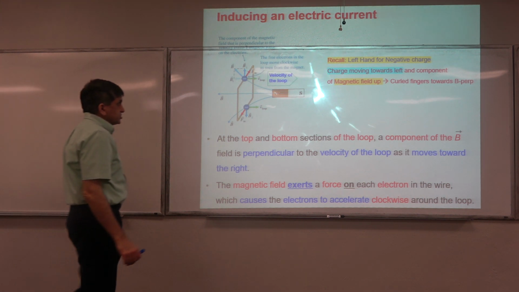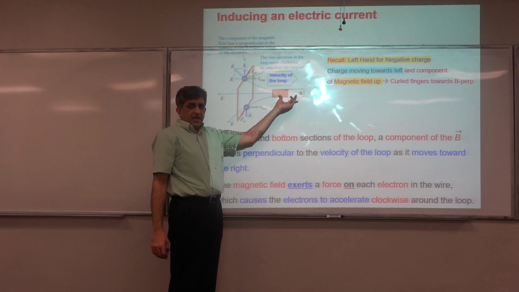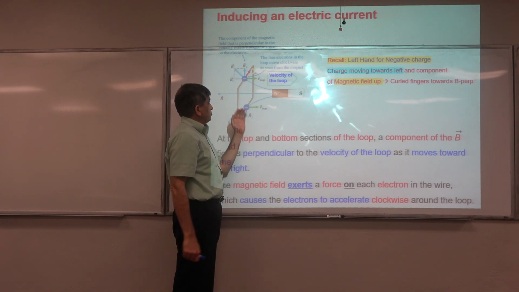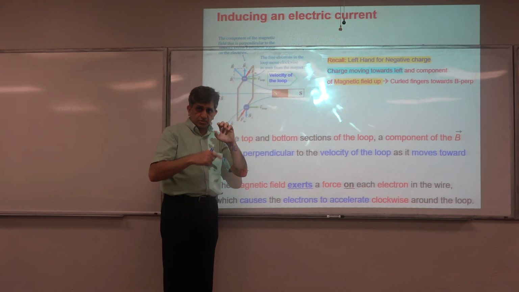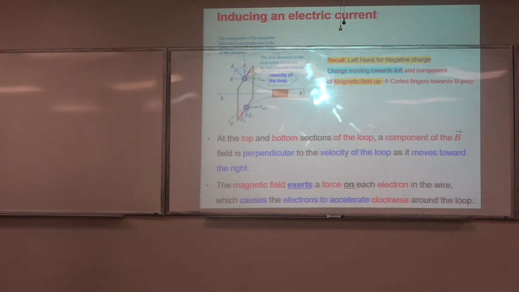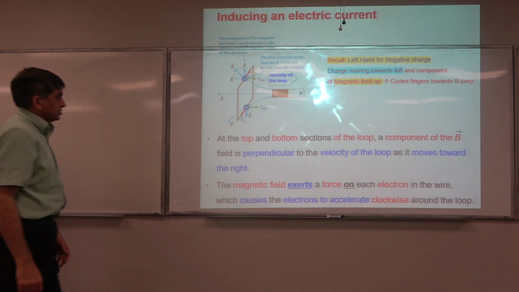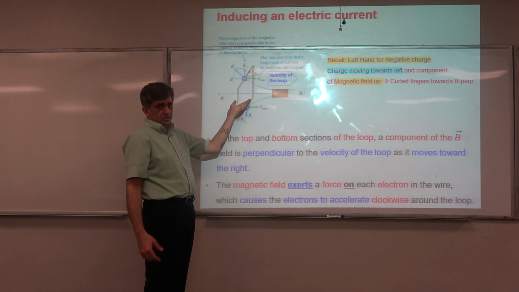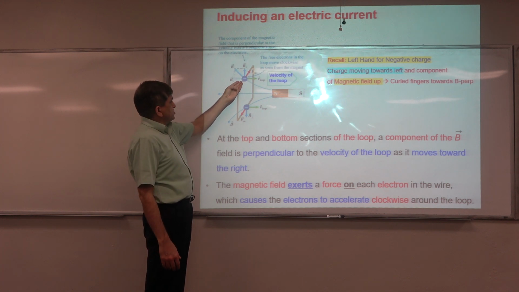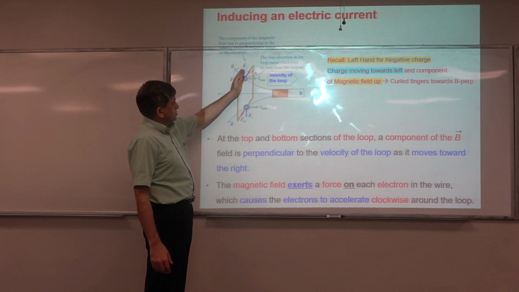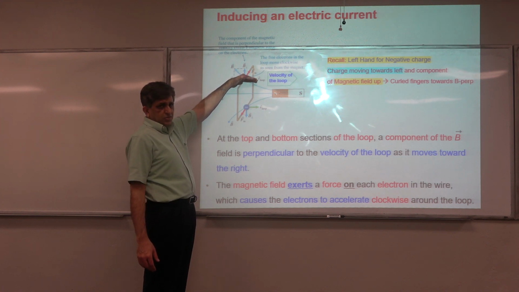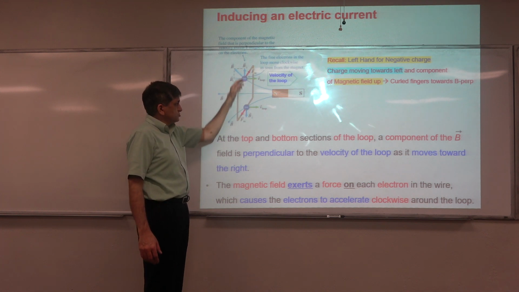So all I did is place the magnet somewhere and the loop is moving towards it, which means the free conducting charges inside the loop move, and by using your left hand for the negative charge, free electrons are always available in the conductors. So you see the component of the magnetic field and the velocity of the charged particle are perpendicular, and the force is produced.